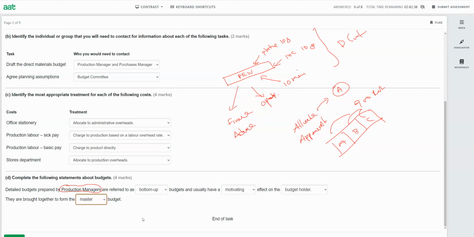The detailed budgets prepared by the production manager are referred to as bottom-up, because the production managers are the operational people who are responsible for preparing the budget, and usually have a motivating effect on the budget holder. Budget holder means who is responsible for the budget. They feel good, like, okay, I'm preparing the budget, I'm part of this budget, and they are brought together to form the master budget.